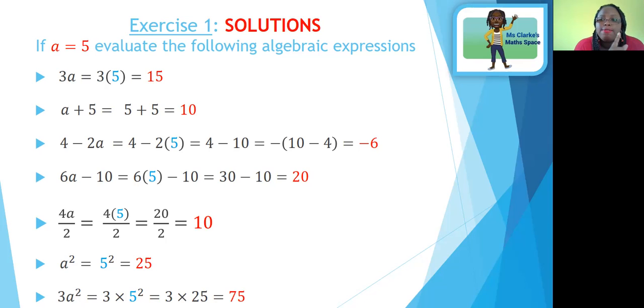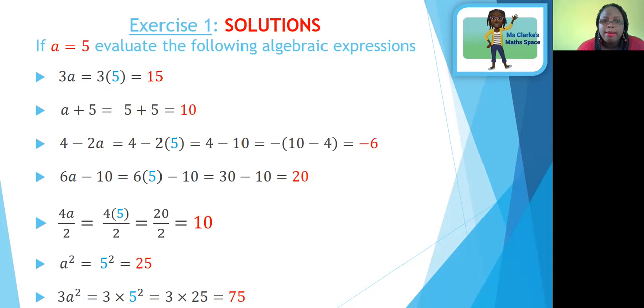And 5 squared means 5 multiplied by 5. And we know that 5 by 5 is 25. On a calculator, you would see that it has an X squared component. So you can simply write 5 and then use the square function and you get your answer 25. Or you can manually type 5 multiplied by 5 and get your answer 25.